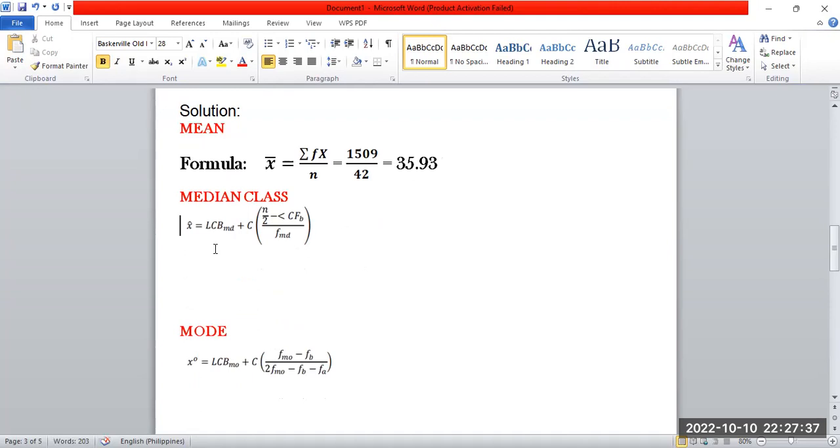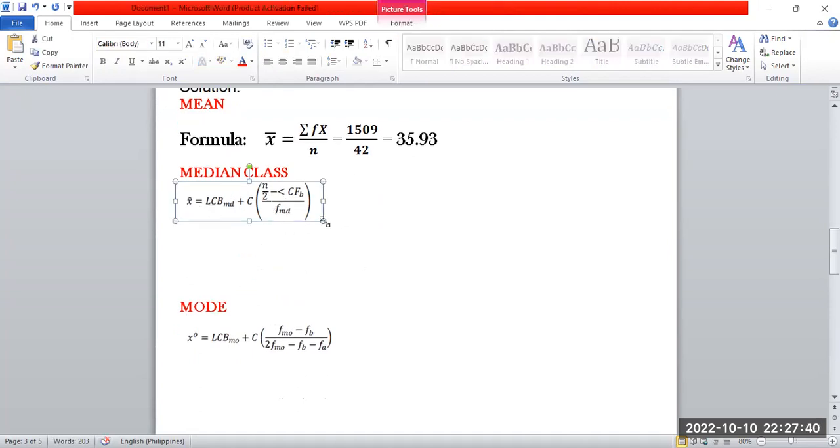And then for the median class, okay, so this is the formula. Median is equal to the LCB of the median class plus C, that is the lower class boundary of the median class, plus C, or the class size, or the length of the class interval, and then our n is the sample size, or the n divided by 2, this part.